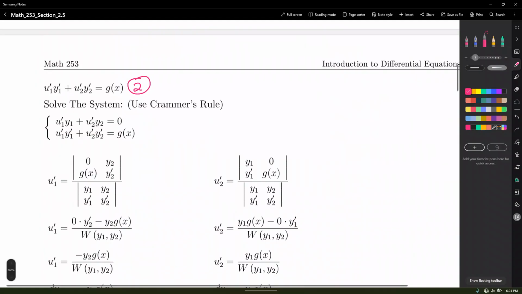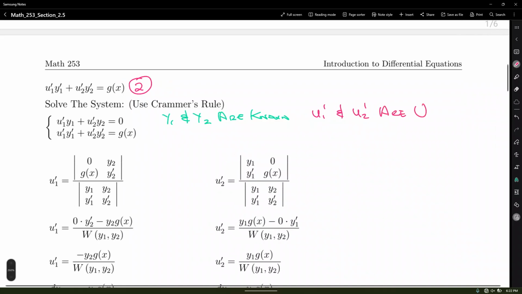It might be a little confusing which ones are the unknowns. At this point, y1 and y2 are known. u1 prime and u2 prime are the unknowns.